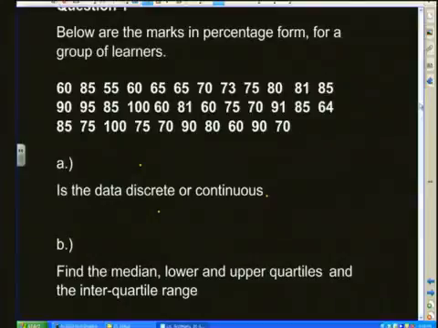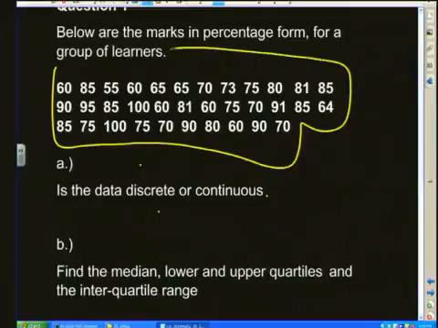Okay, so we've got an entire set of data. First thing you should do, as I say, analyze that data. If you count the number of entries there, you'll see that there are 34 different marks. It is ungrouped because all the data is just given to you in this form. No grouping has been done with it at all.